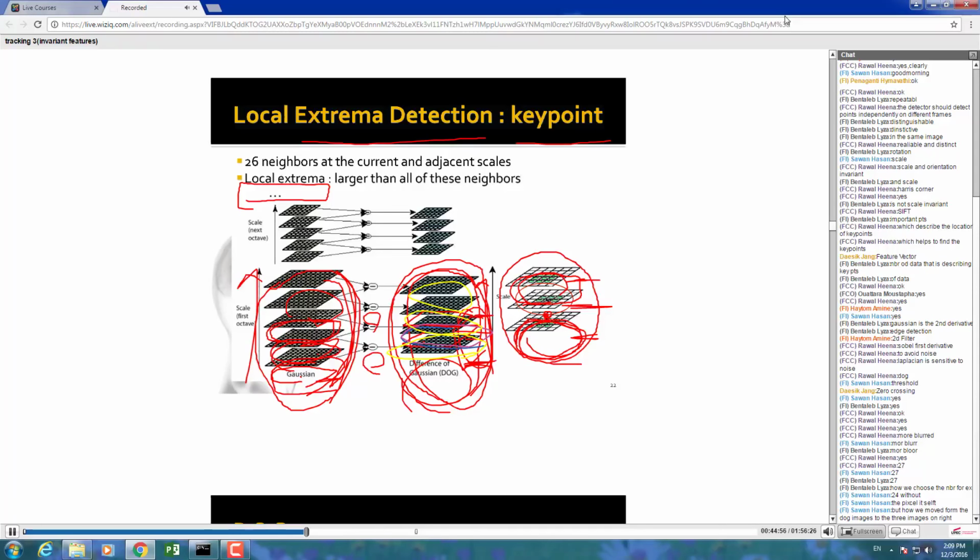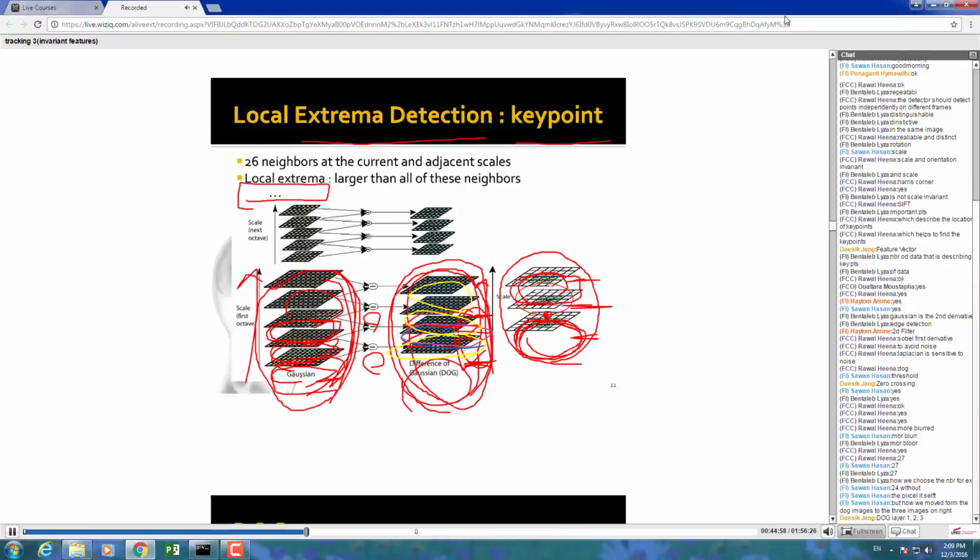In the beginning, we start with DOG layers 1 and 2 and 3. That is making 3 layers. Then we extract extrema based on these 3 layers.